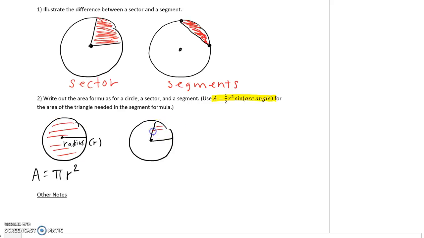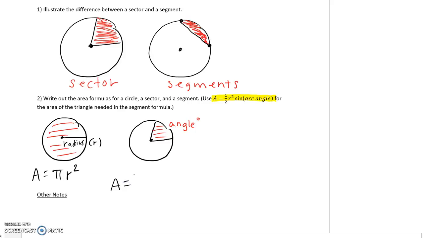If instead I want the area of a sector, the area of the pie piece, I need to know what fraction of the circle that is. In order to know what fraction of the circle it is, that means I need to know the angle. So there's some angle in degrees, right? There's the measurement of that angle. And it's very similar to finding an arc length.